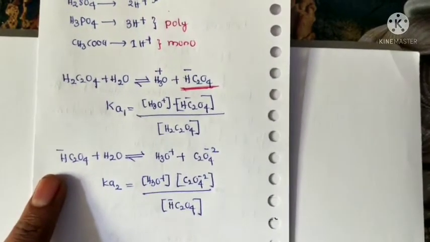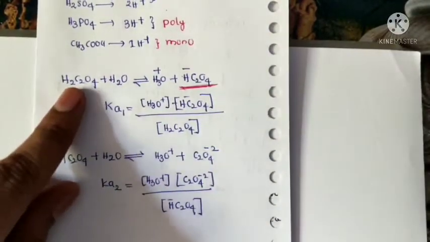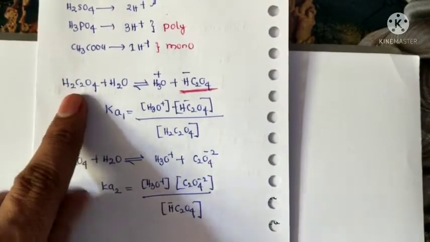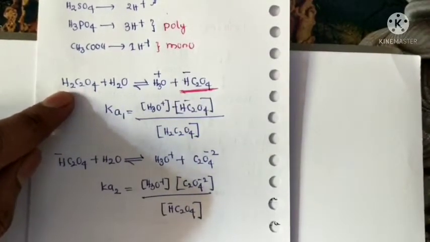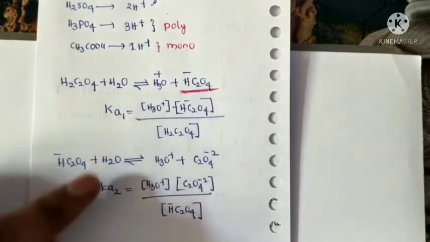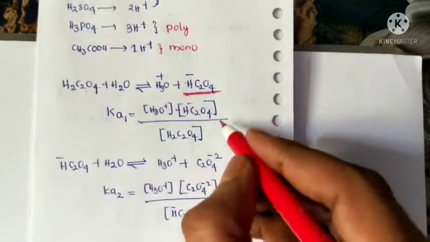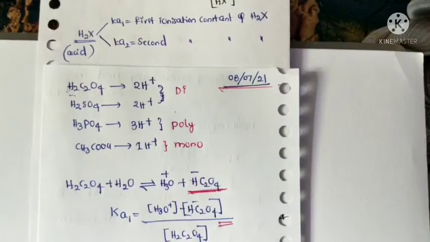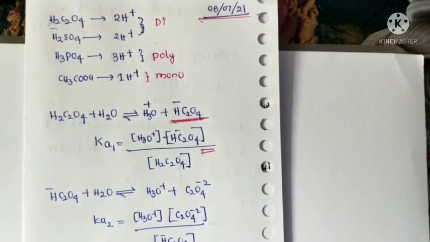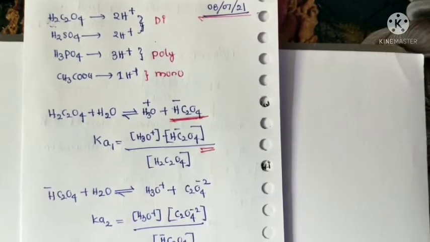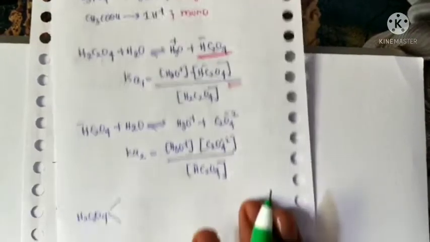Okay, so these two are ionization constants for oxalic acid because it is a polybasic acid, sorry, a dibasic acid. Di means two protons, it can donate two protons, so that's why two ionization constants will be there. So from this equation we can conclude that oxalic acid, C2H2O4, has two ionization constants.